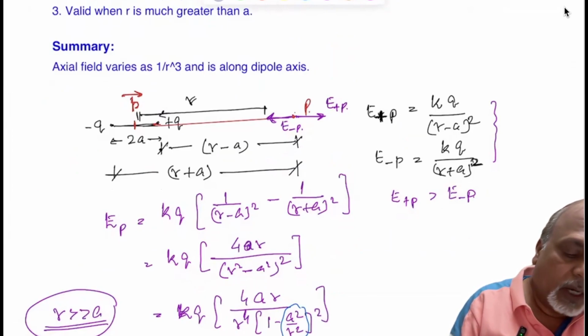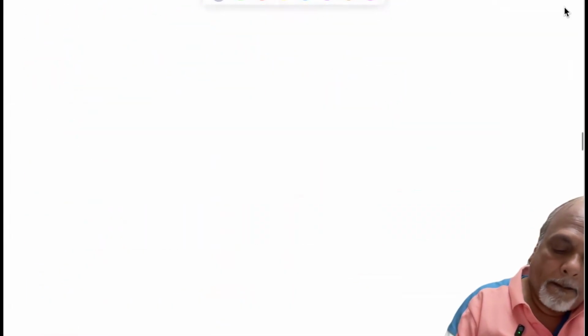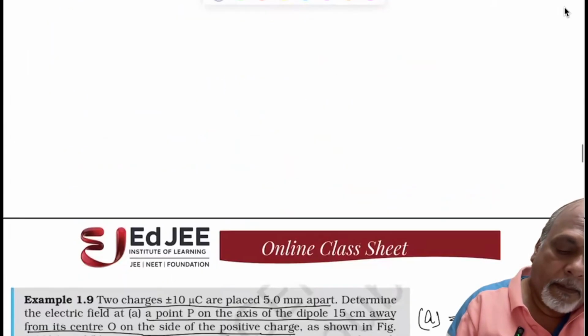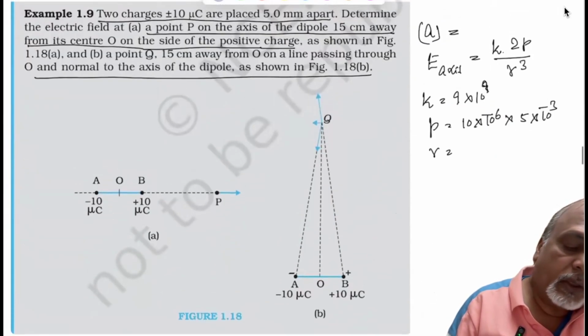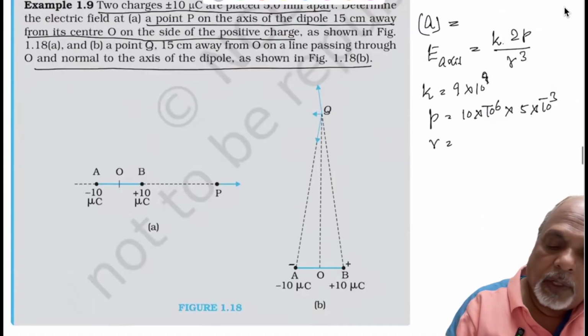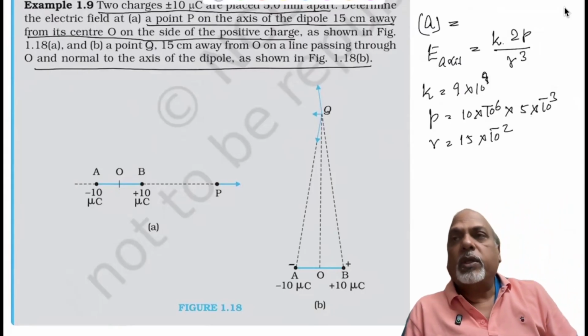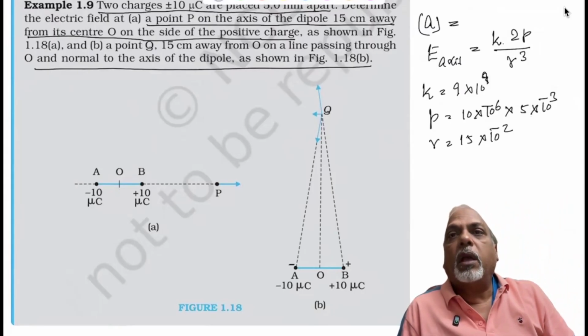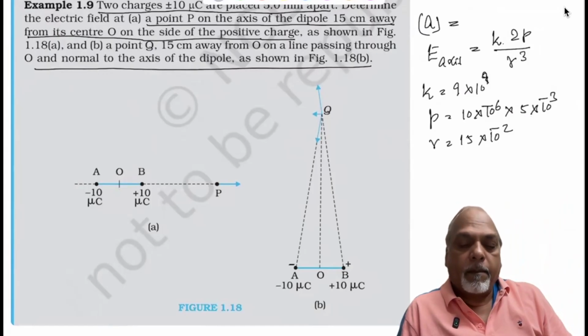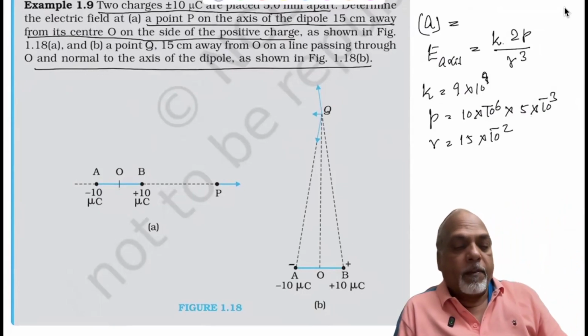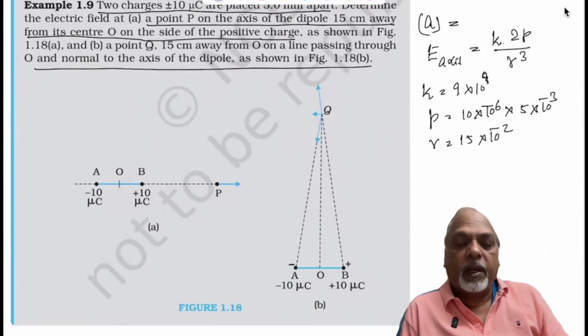That's why it is R minus A and R plus A, correct? R is given as 15 centimeter, means 15 into 10 raised to minus 2. Due to this, just put the values, you can find out the electric field at P.